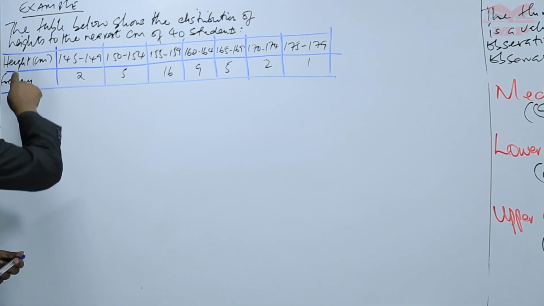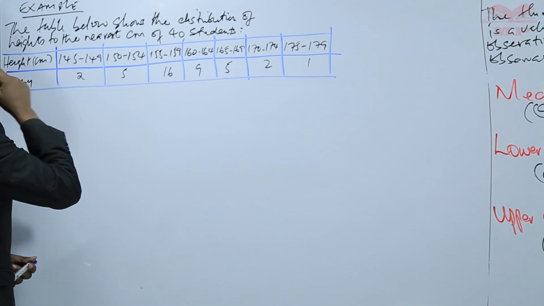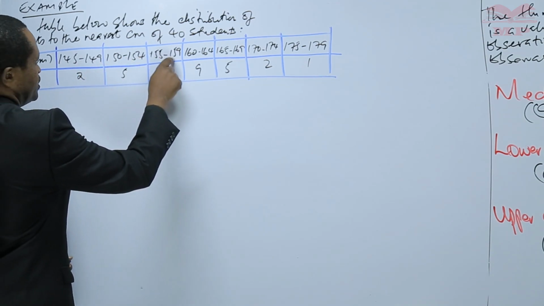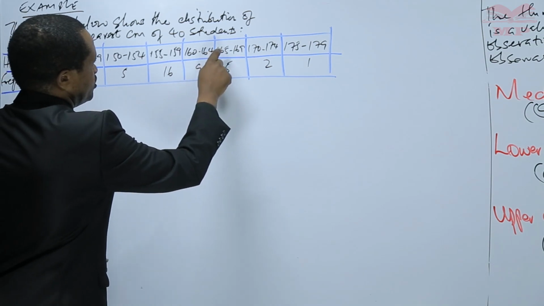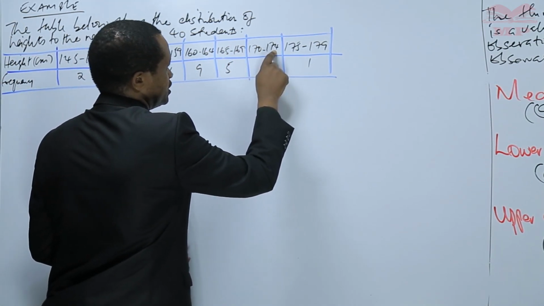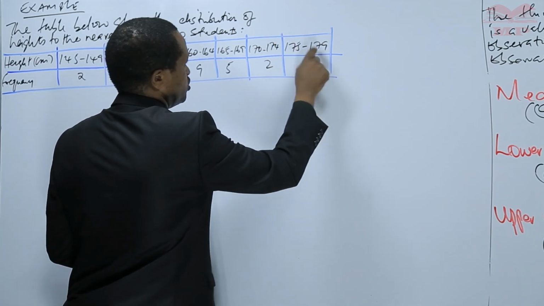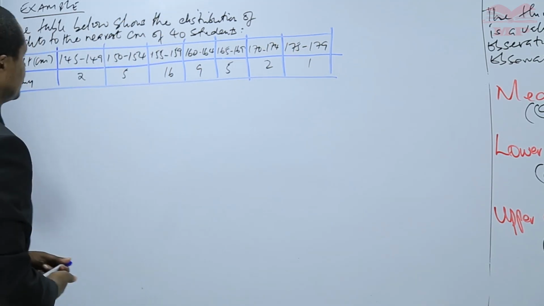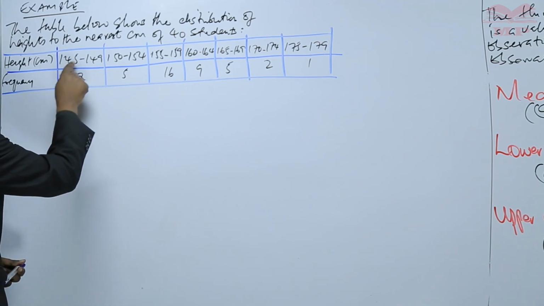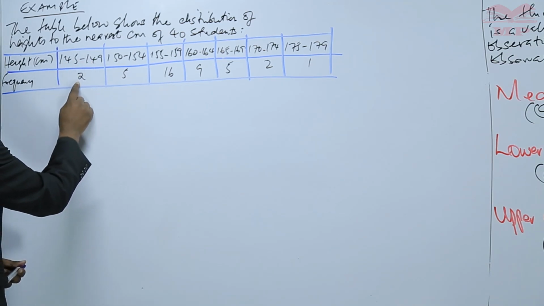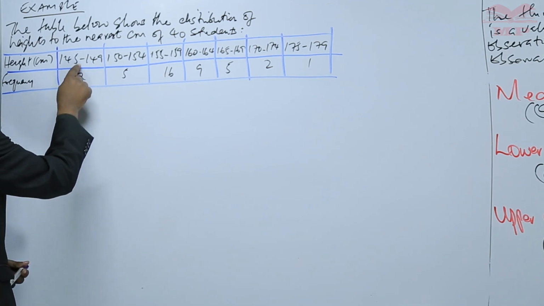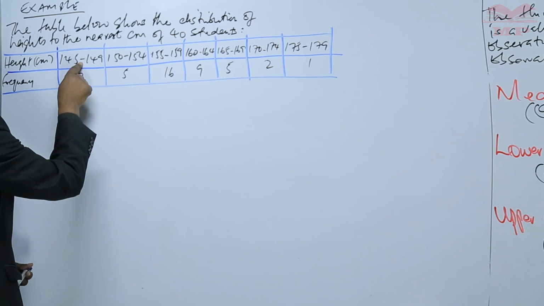So we have centimeters in groups of 145 to 149, 150 to 154, 155 to 159, 160 to 164, 165 to 169, 170 to 174, 175 to 179. That means that between 145 to 149 centimeters, there are 2 students whose height is falling within that group.